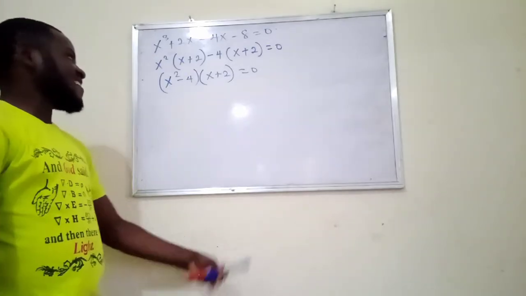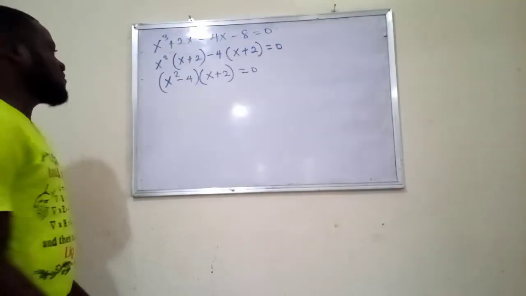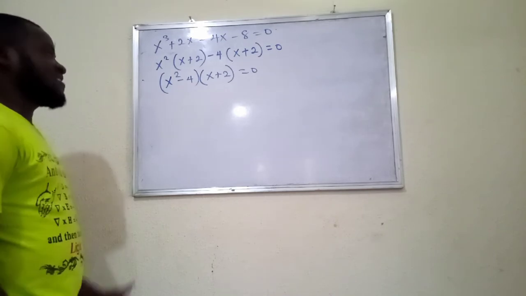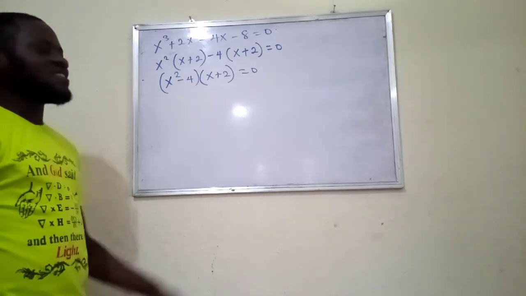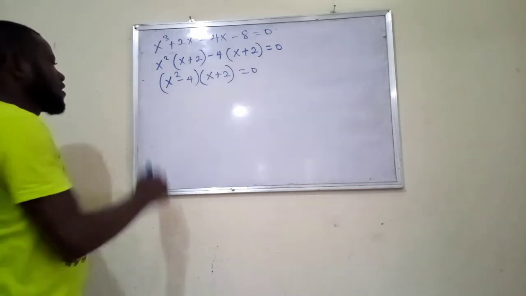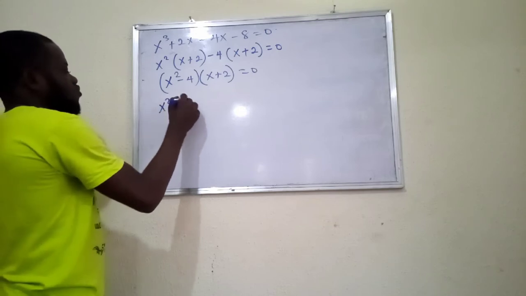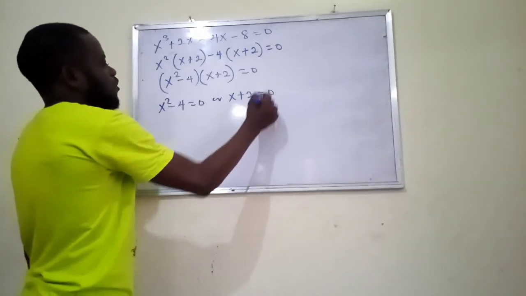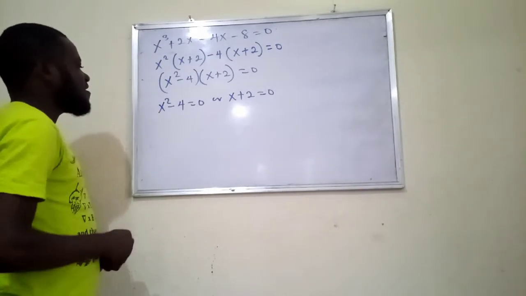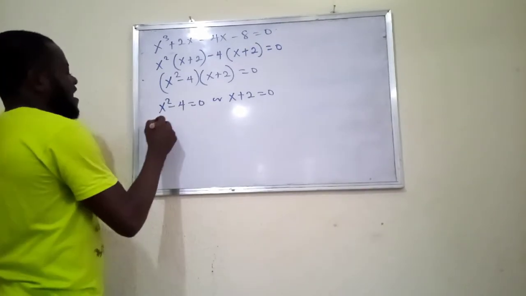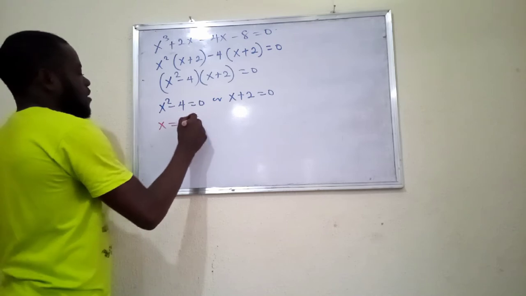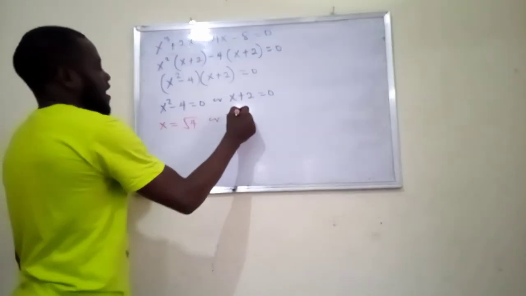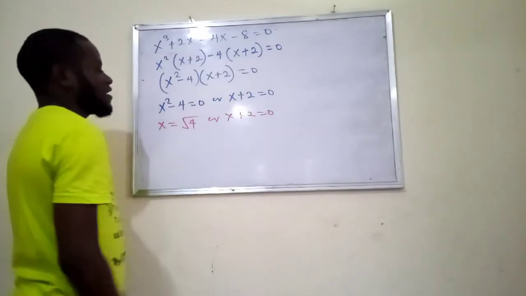Okay, guys, let's move on because this has become a very simple equation now, and I believe the majority can do it from here. So this will become x squared minus 4 equals 0, or x plus 2 equals 0. So x equals the square root of 4, or x plus 2 equals 0.